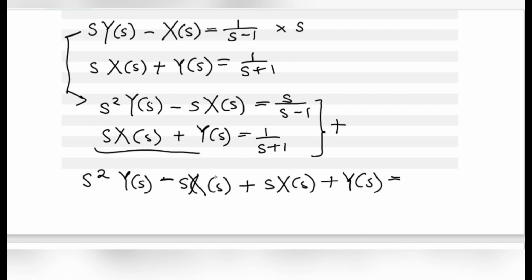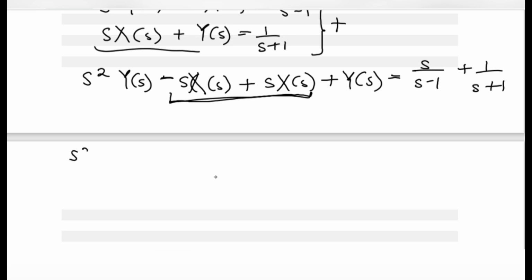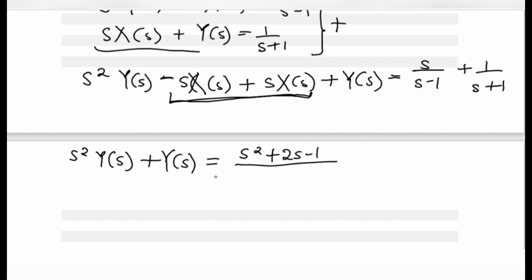This will be equal to s over s minus 1 plus 1 over s plus 1. And this too will just give us 0. Okay, so what we're going to have at the end of the day is s squared Y of s plus Y of s, and this is going to be equal to s squared plus 2s minus 1 all over s minus 1, s plus 1.